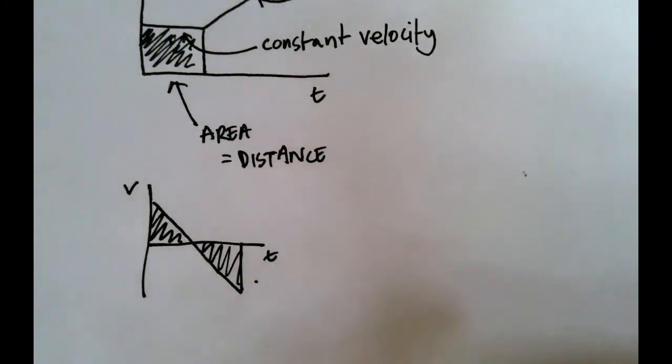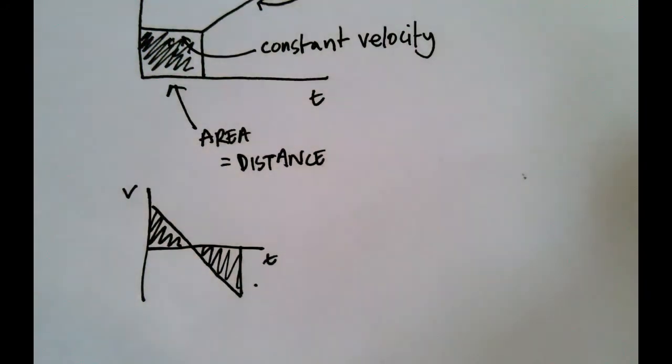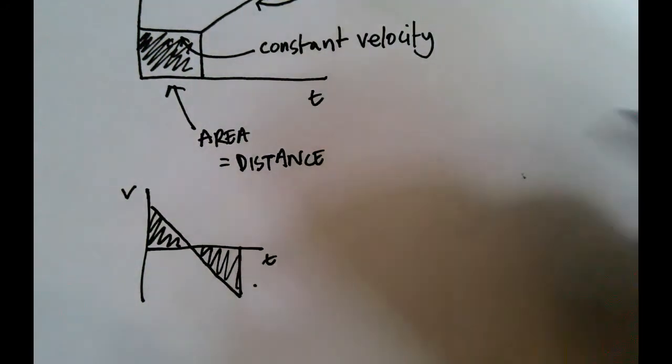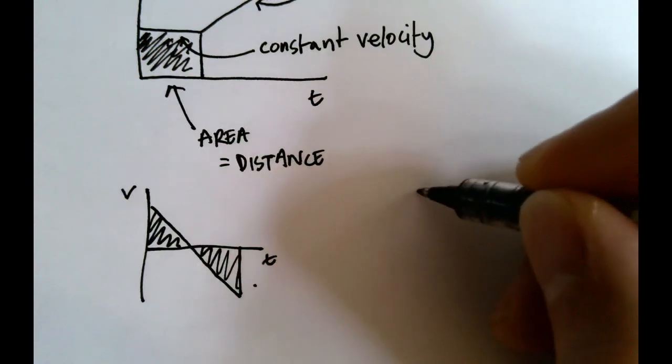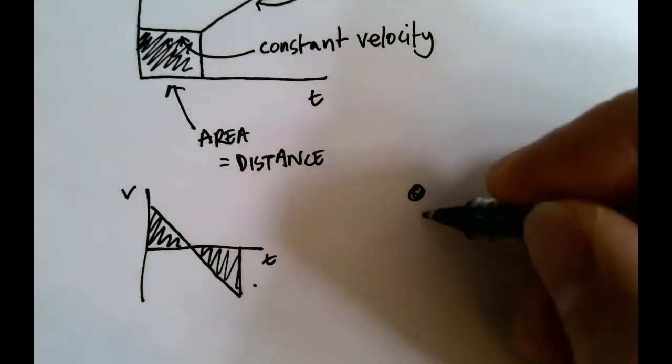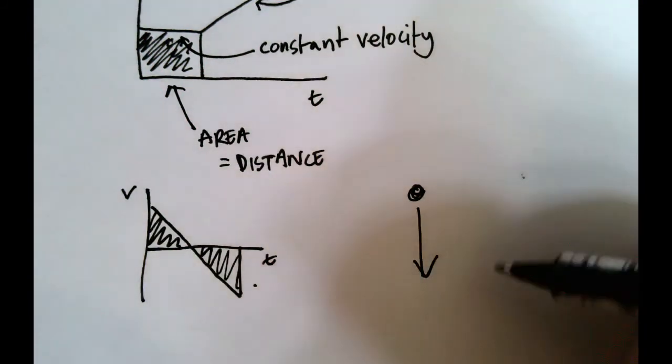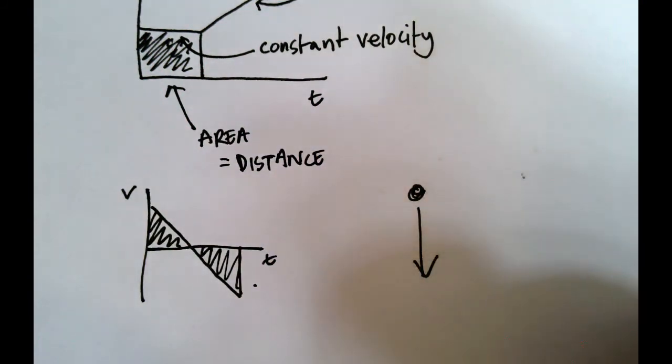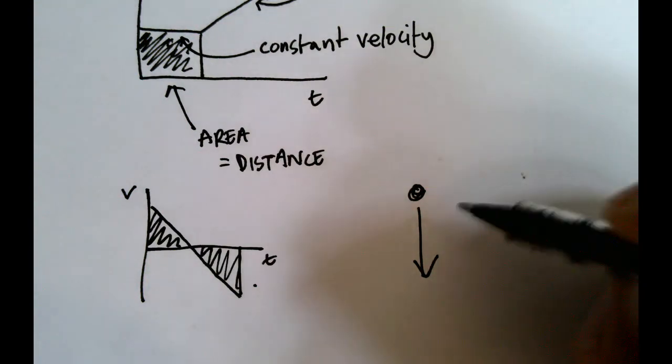Now, the only other thing I'd like you to look out for with velocity time graphs is that for many instances it's about something falling. For example, a ball falling from rest. And in that case you will always know while it's falling, or while it's been thrown upwards as well, what the acceleration is.